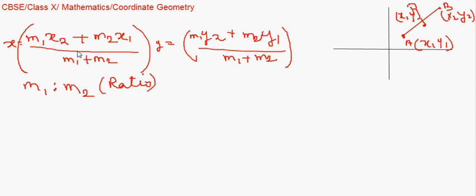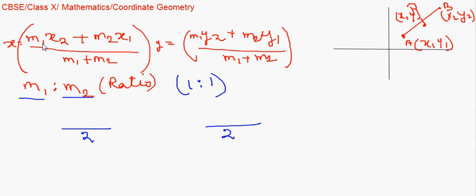Now if P is the midpoint of A and B, what does that mean? In such a case m1 and m2 become 1:1 because P divides it equally. If you replace m1 and m2 with 1, the denominator becomes 1 plus 1, which is 2, for both the x and y coordinates.